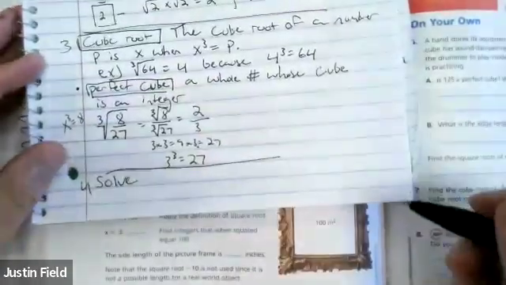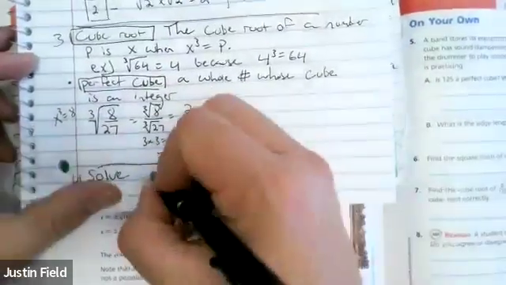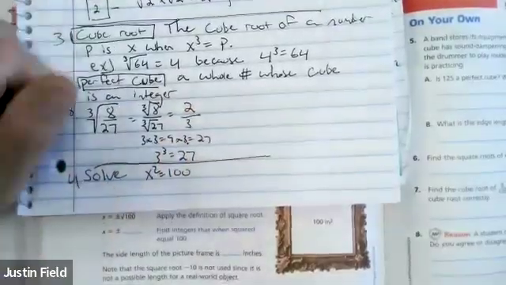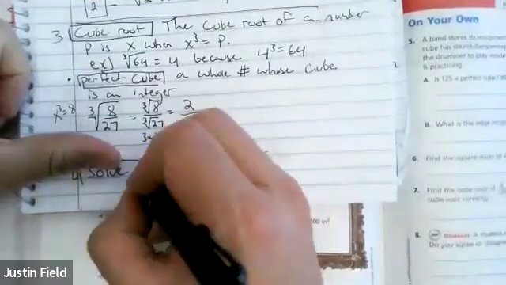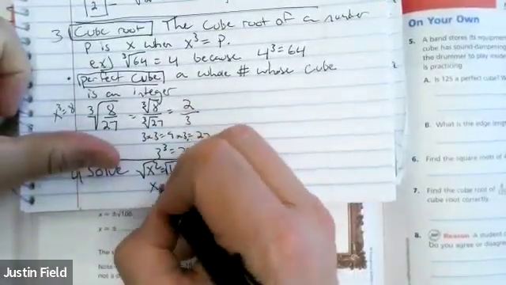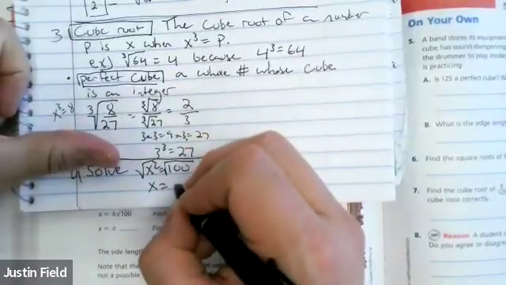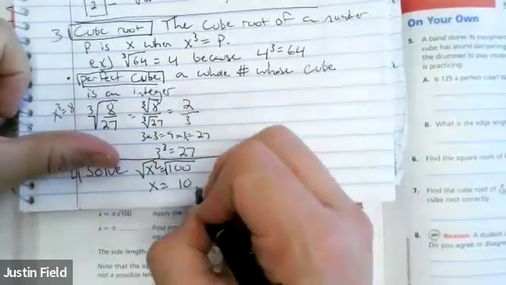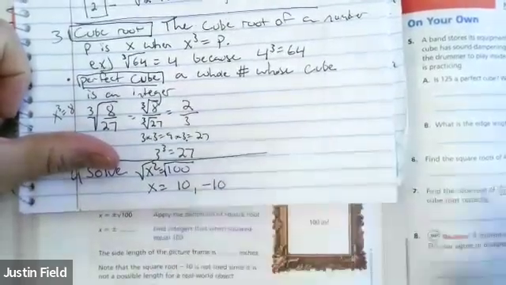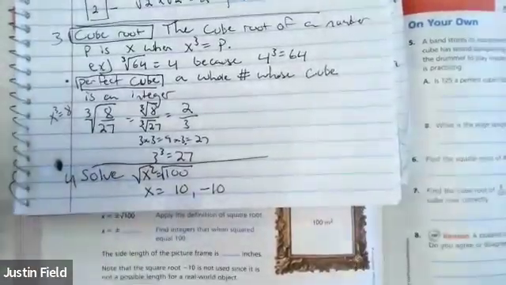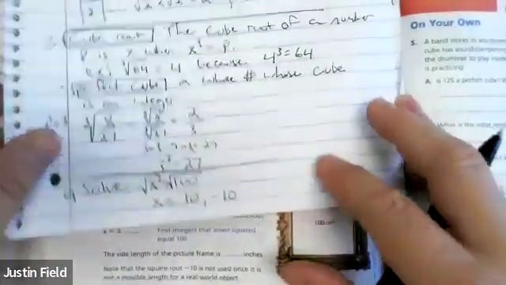So let's say we have to solve x squared equals 100. In order to solve that, we're going to square root both sides, and we get x equals the square root of 100, which is 10. And as we learned earlier, it could also be negative 10. Both of those numbers can be put in for x, and then we get 100.